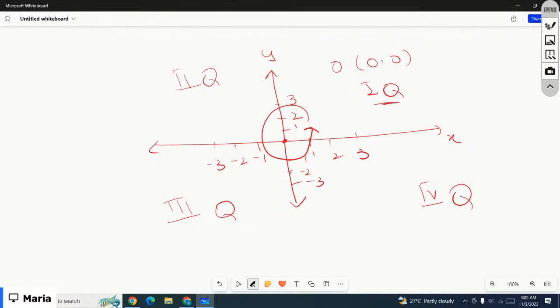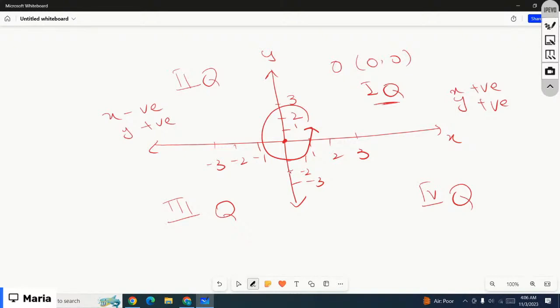In first quadrant, you can see x positive and y positive. So x values are positive in first quadrant and y values are also positive, right? Then in the second quadrant, you have x negative values and y values are positive.